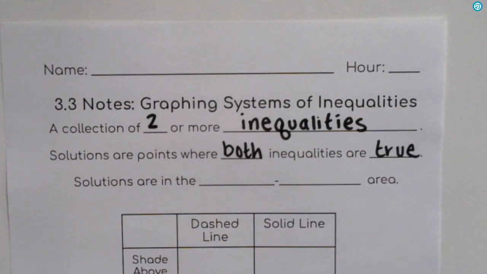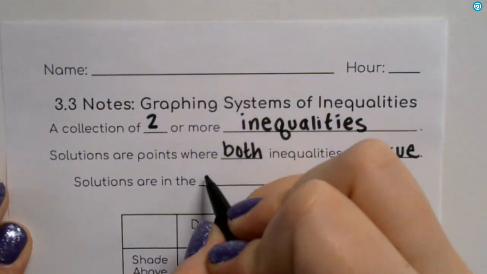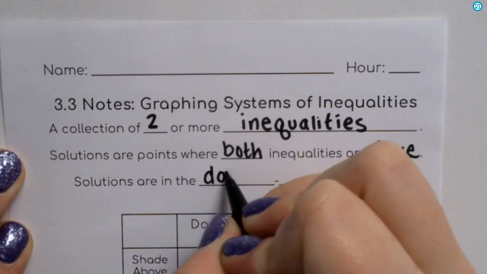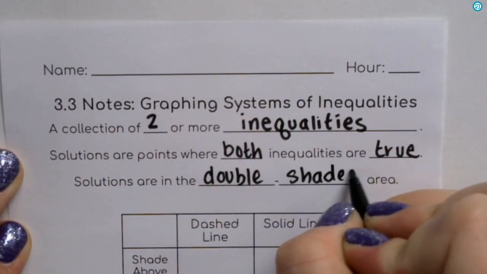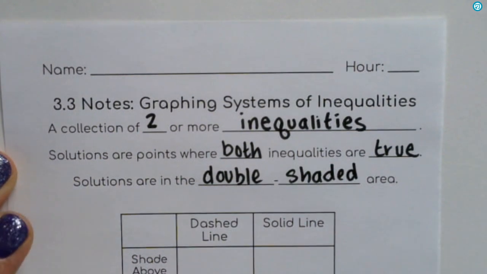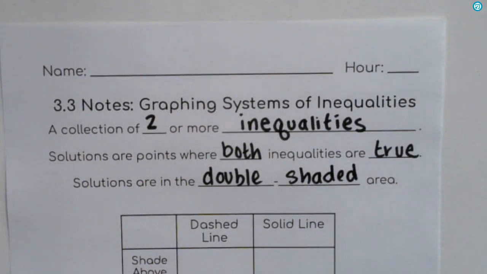Okay, we are going to graph a line, shade, graph a line, shade. The solutions will be in the area that is double shaded. So there's going to be a lot of details you want to pay attention to today about where to shade and when.